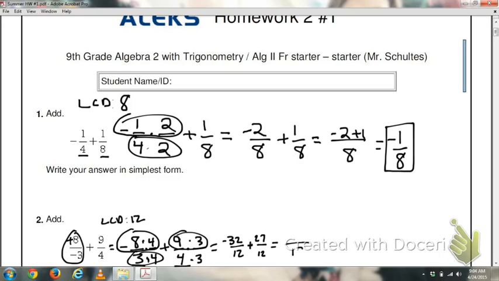I can rewrite the denominator as a 12, and then I can write -32 plus 27 as my numerator. Now -32 plus 27 would be -5 over positive 12. And if I could reduce the fraction 5/12, I would, but since I can't, I have to just leave it.